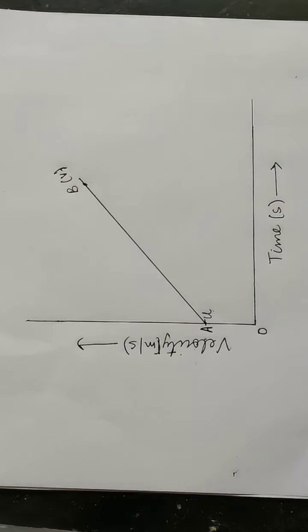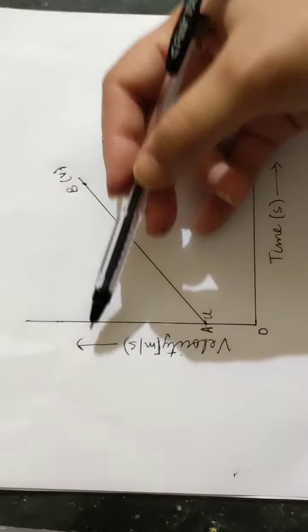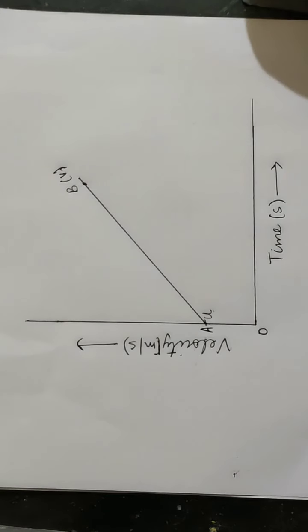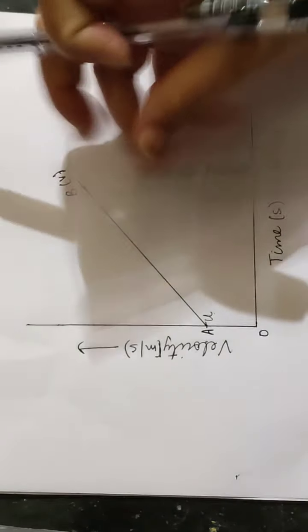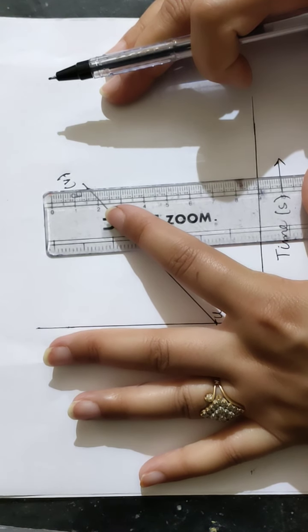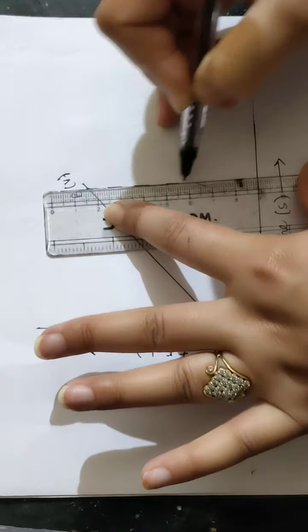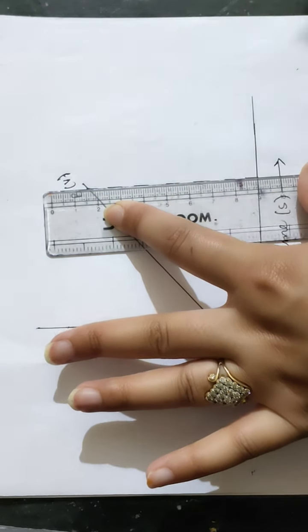Now we would draw lines perpendicular to the x-axis and perpendicular to the y-axis. Now let us draw these lines. A line perpendicular from B to the time axis or x-axis.